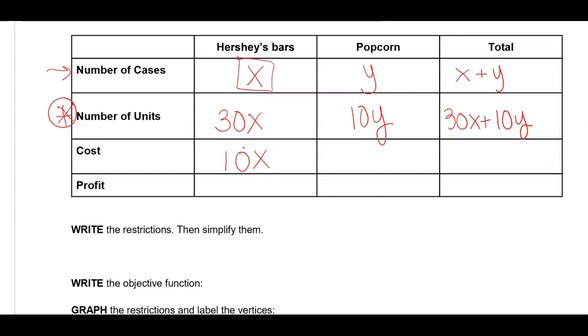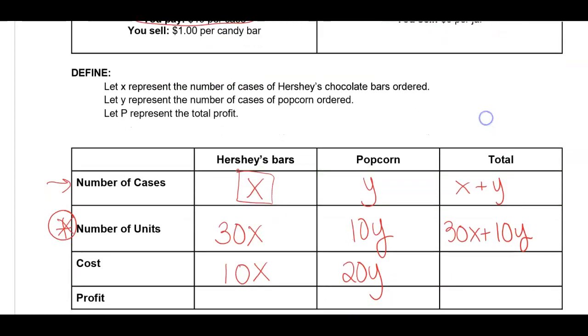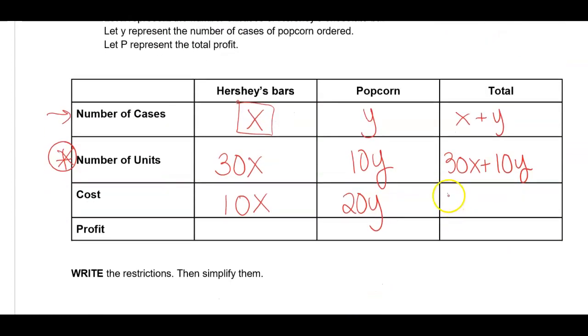And what's going to be the cost that I should write down for the popcorn jars? 20Y. Are we okay with this? So if you guys don't know where we're getting that, we're getting it back from up here about the amount that we pay. That shows our cost. And so our total cost can be calculated this way, depending on how many candy bar cases and how many popcorn jar cases that we do.